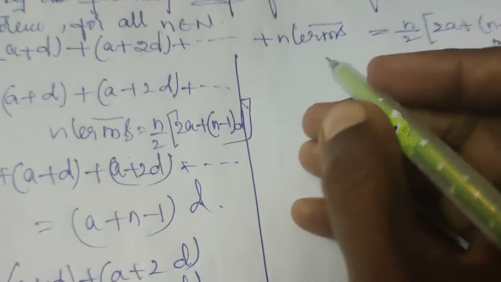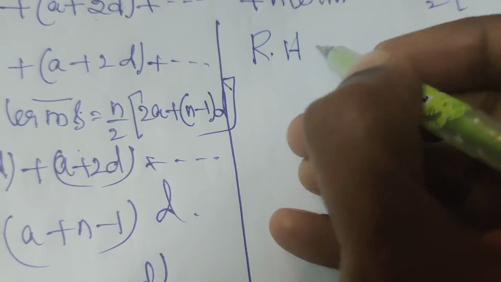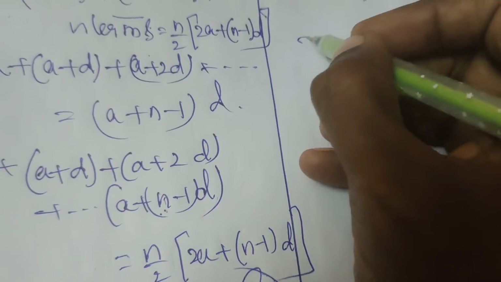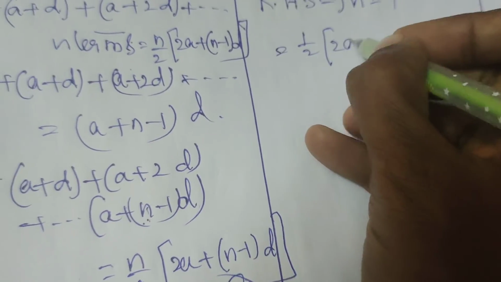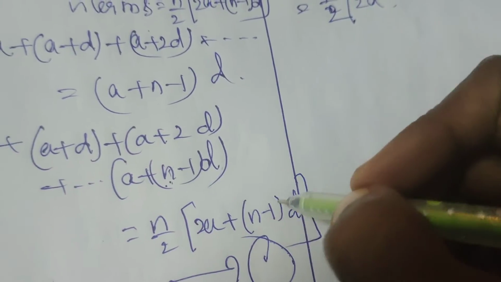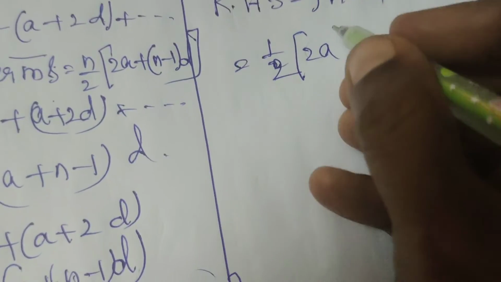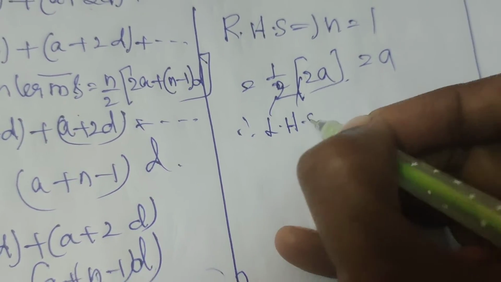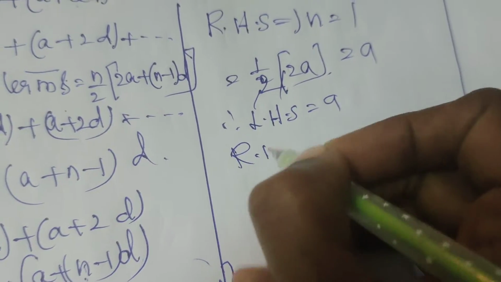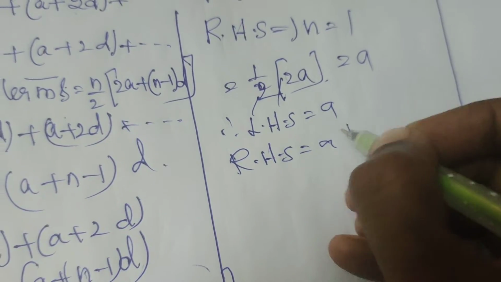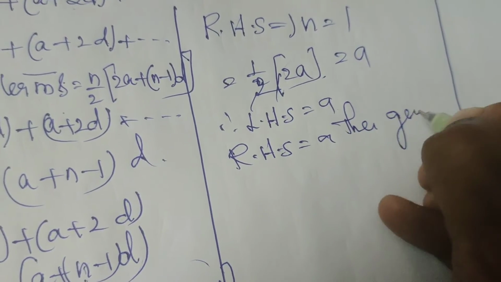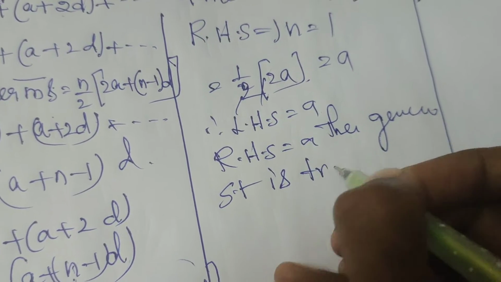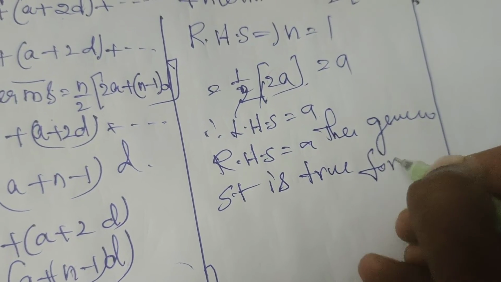Next, for RHS with n equals 1, that is 1 by 2 into 2a, 1 minus 1 into d, which is 0. Therefore the 2 cancels and we get a. Therefore LHS equals a and RHS equals a. Therefore the given statement is true for n equals 1.